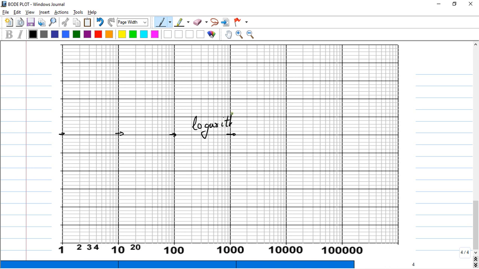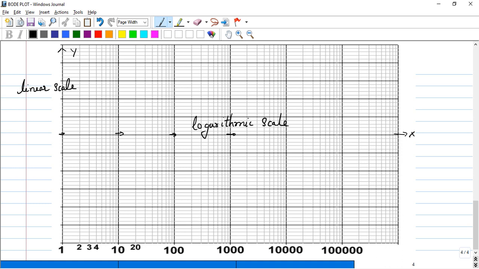And if you see the y-axis, it has been divided into linear scale. So if I represent this as x and this as y, this is the linear scale, and our input frequency will be represented with respect to x.